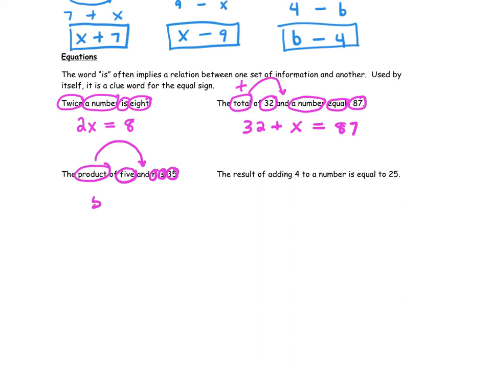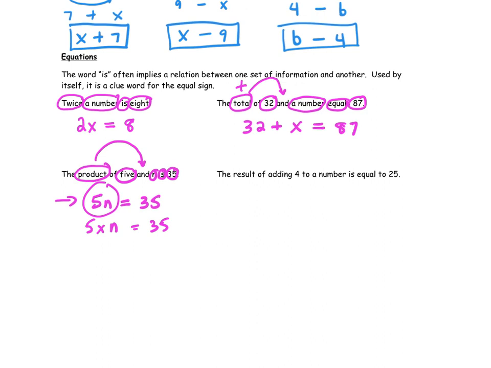So I'm going to write it the high school way, 5n. You could write 5 times n using the times sign. It's not incorrect. Equals 35. We just much prefer to see it the way I've written it. We prefer to write it the high school way. Nothing wrong with writing it the second way, just preferred to write it this way.